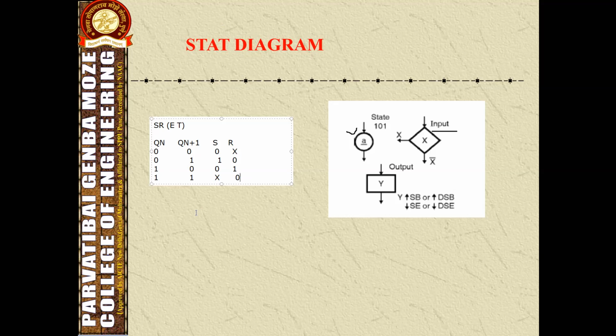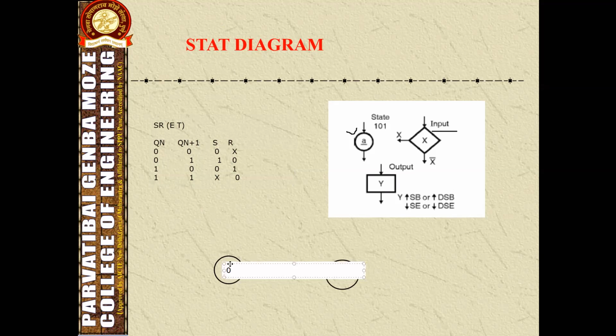So we have to draw the state diagram for SR flip-flop. There are two states. First we will consider state 0. Next we have to consider 1.